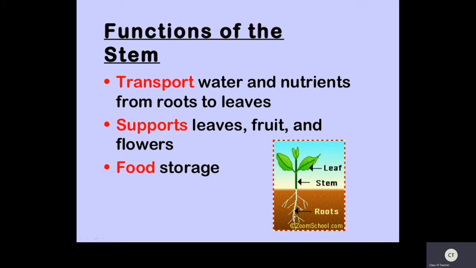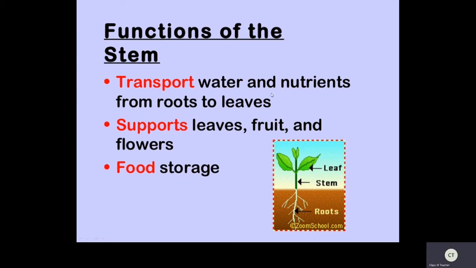See here, from the roots slowly the water will be absorbed. Now this water will be transported, that is sent, to the stem. Through the stem slowly the water will move and enter into the leaves and other parts of the plant. Okay children?